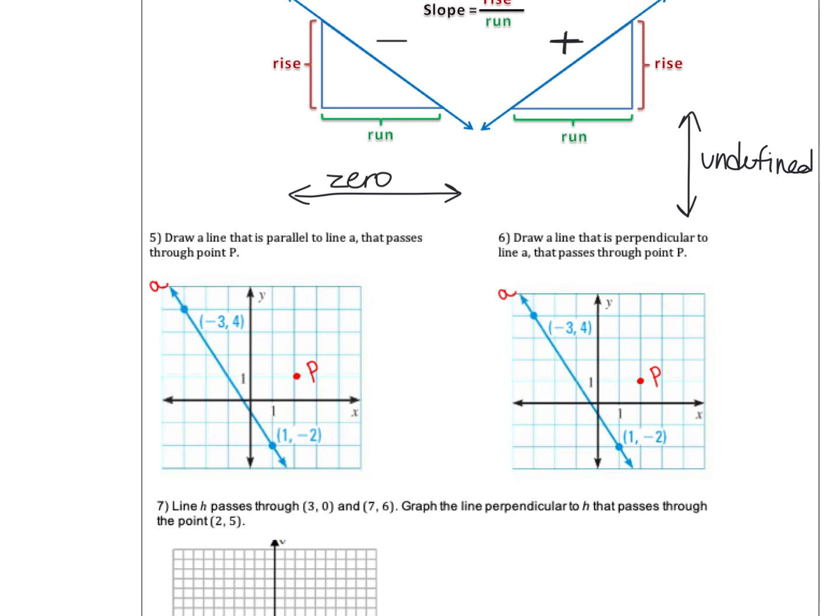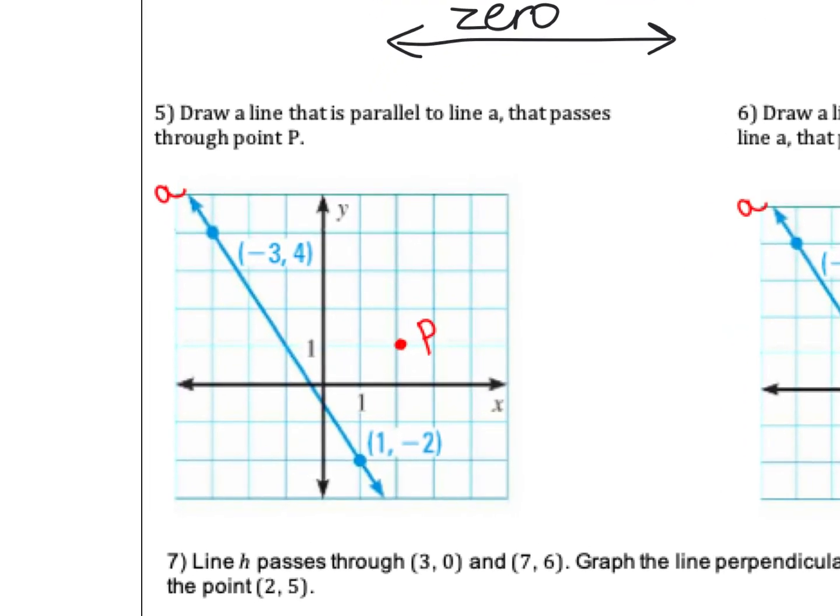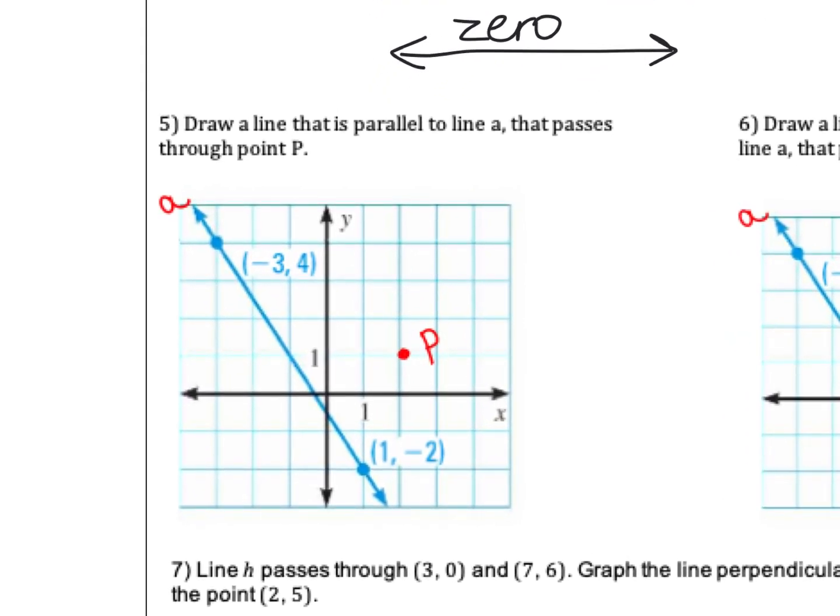Look at number 5. Draw a line that's parallel to line A that passes through the point P. So I would take my 2 points and draw this little, what we call a slope triangle. I'll do it in red. And then we count the squares outside the triangle. So this is, on this one, 6 and 4.